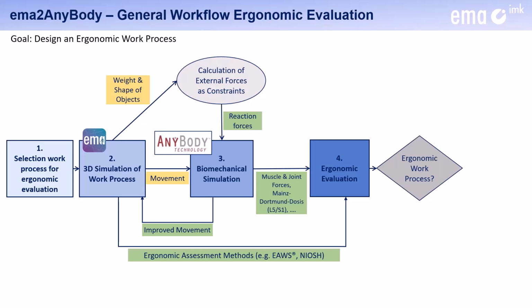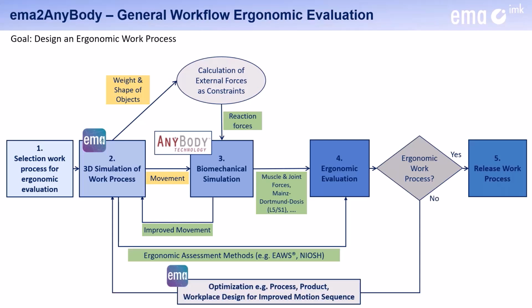And then as a user of both software systems, as a production planner, I can now say, okay, is this work process ergonomic based on these new KPIs or not? If yes, then I can release the work process and continue the production planning. If not, then I can go into EMA again and optimize the process, the product, or the workplace design for an improved motion sequence.